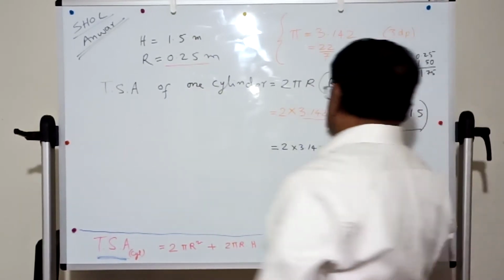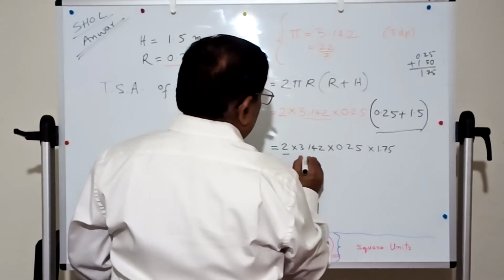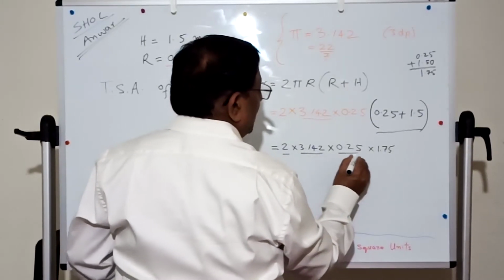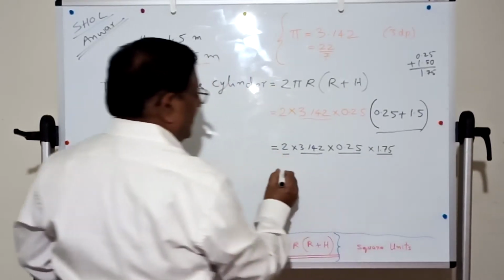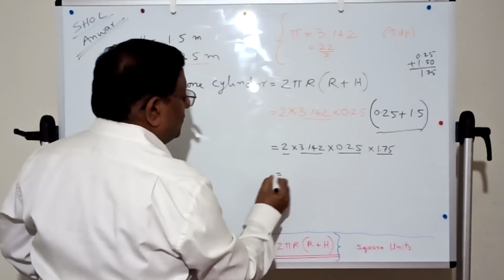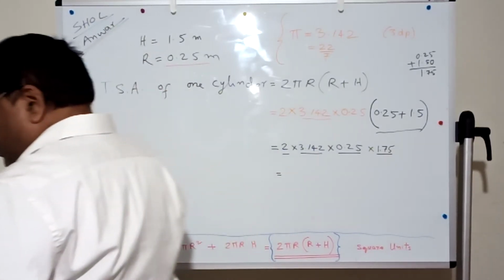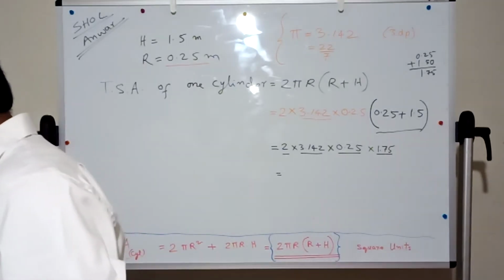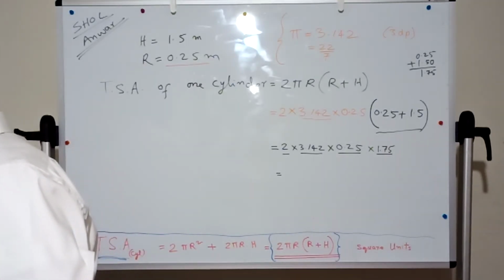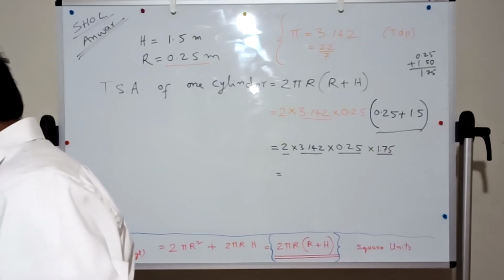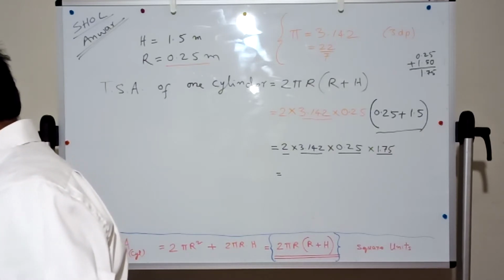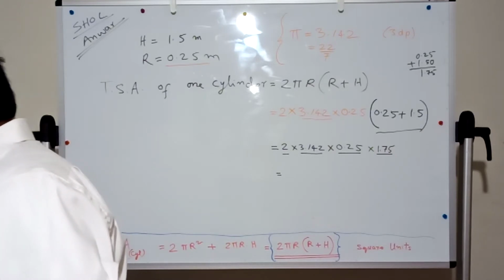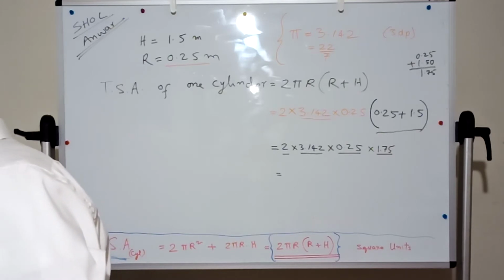These are all numbers: 2 times 3.142 times 0.25 times 1.75. If you calculate this using your scientific calculator, you'll be getting 2.35619.